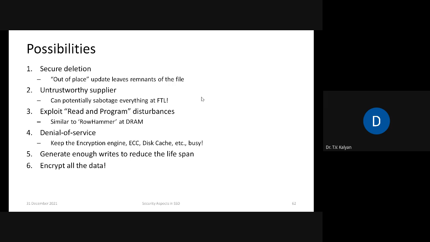And another possibility is to encrypt all the data itself. We are going to study one specific implementation of this attack, which is ransomware. Potentially, the attacker is encrypting all the data in your hard disk, and you are not able to access it.